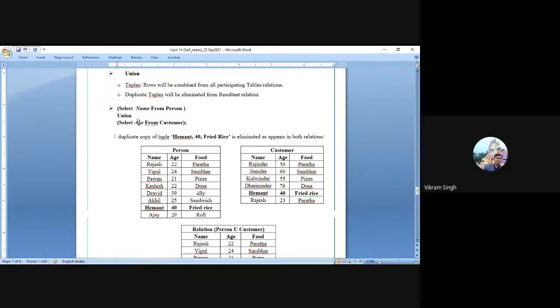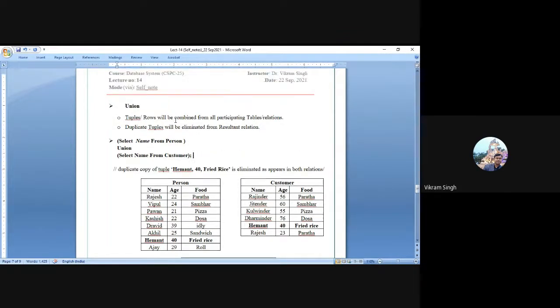So it is important to have compatibility, sometimes called set compatibility also. The union operator is a kind of set operator. It checks for the compatibility of the domain values.